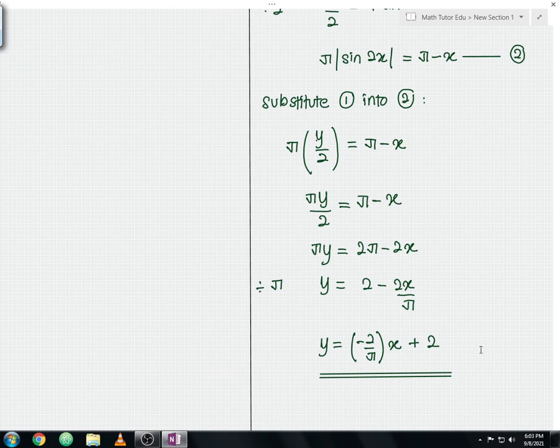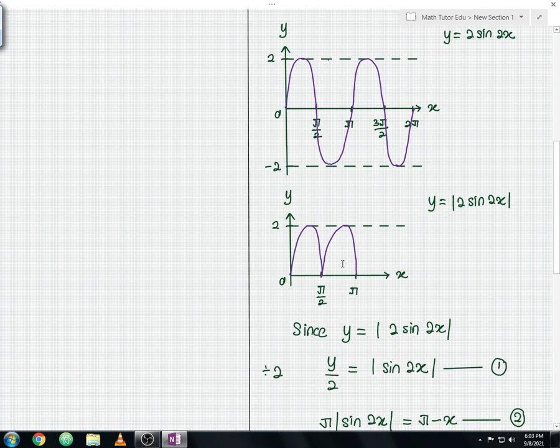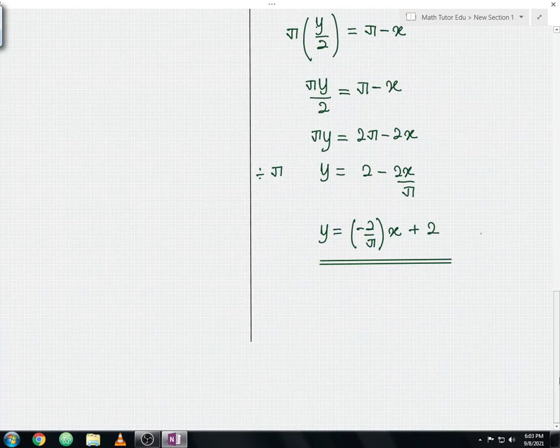For the third step, what we're going to do is we're going to sketch the straight line into the graph, and then we're going to find how many solutions we can possibly form. Okay, so from here we're going to need 2 points from this straight line. We can set our x value equals to 0, where in this case we're going to find our y-intercept.